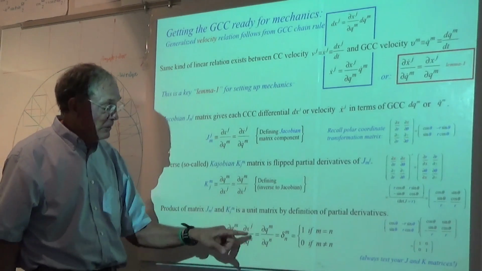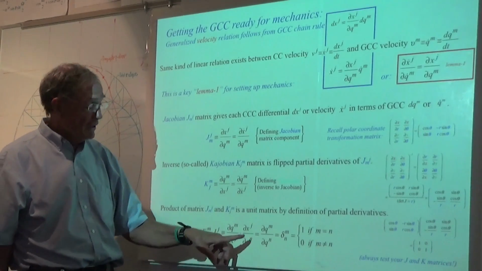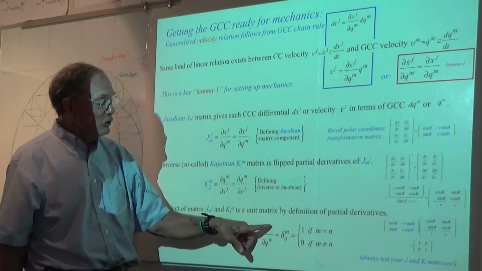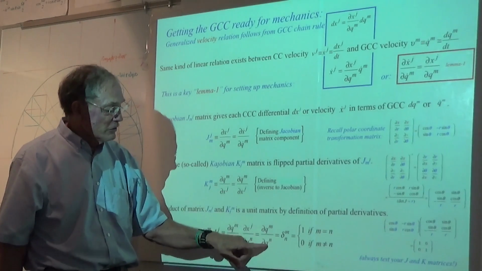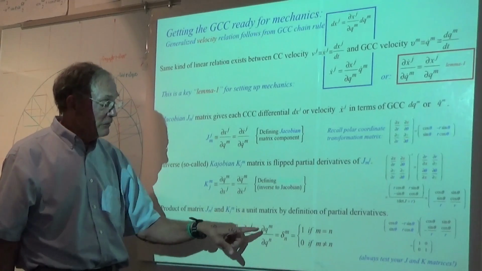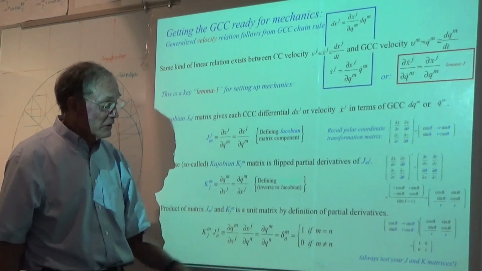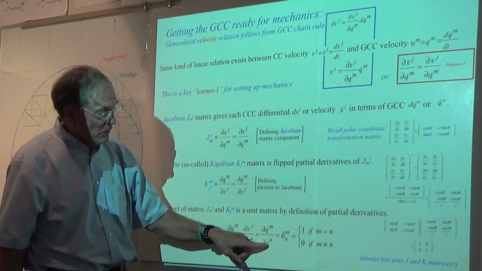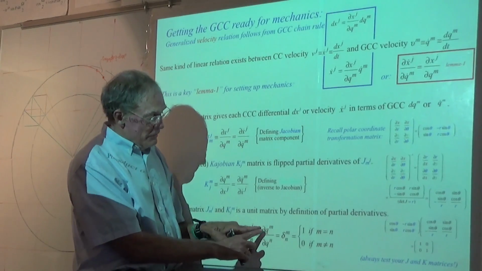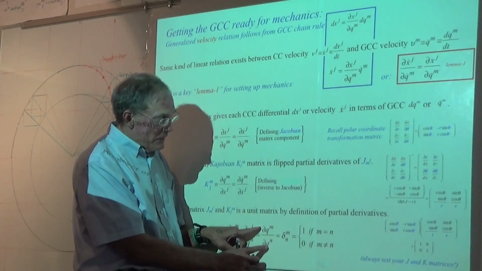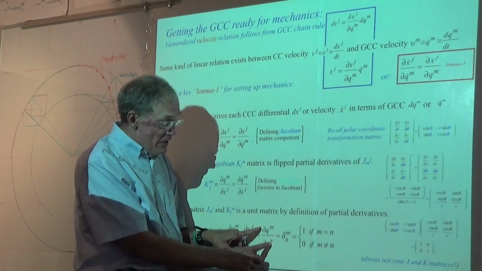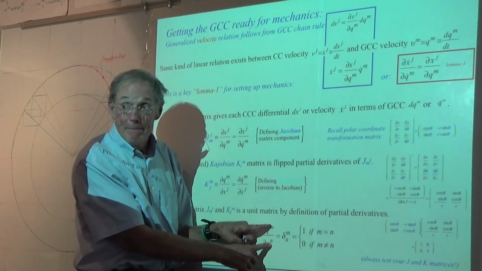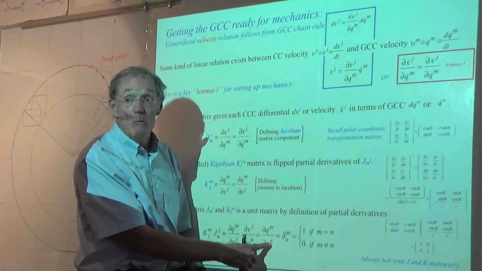These guys disappear. Now this is one of the things we did with that boathouse analogy for partial derivatives. So then you'll have a partial derivative of the coordinate q_m with respect to the coordinate q_n. Now it's pretty obvious if m is equal to n, that you're talking about something that is equal to 1. But what about when they're not equal? Well, just remember that having a partial derivative with respect to q_n means that you're going to hold constant all of the other variables, including q_m. Therefore, q_m is not going to move.